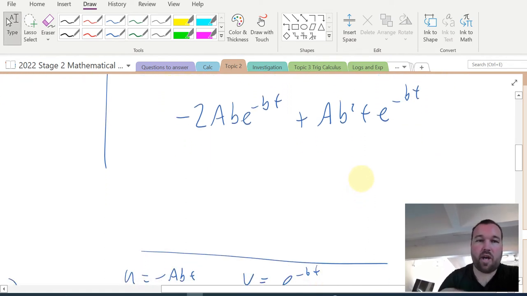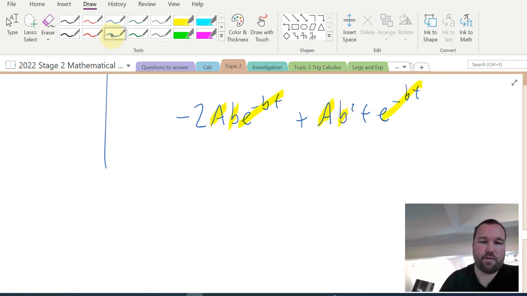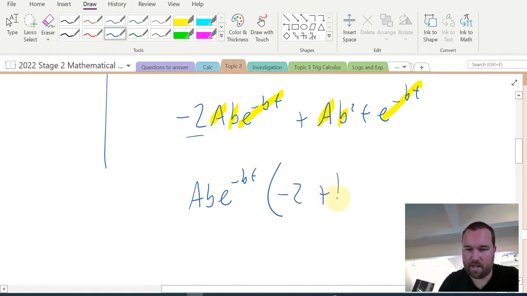A lot happening here, but let's try and take out as many common factors as we can. Firstly, there's an a, there's a b, no, there's two b's on the side, but we still take one of the b's, and there's this entire exponential. So we're going to factor out a b e to the minus bt. And what we're left with is minus 2, plus one of the b's, because we factored one out, and a t.